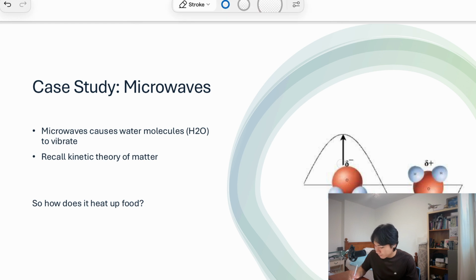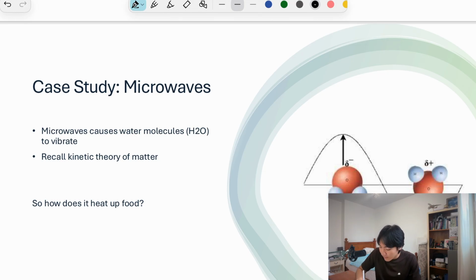If you recall the kinetic theory of matter from chemistry, you know that the kinetic energy is directly proportional to the absolute temperature in kelvins. So the higher the kinetic energy of the molecules, the higher the temperature is going to be. And if you oscillate the water molecules enough using the microwave, you're going to heat up the food because you're increasing the kinetic energy of the water molecules.